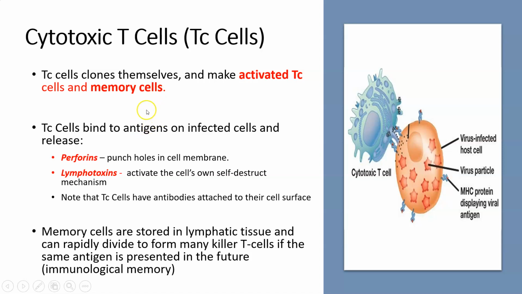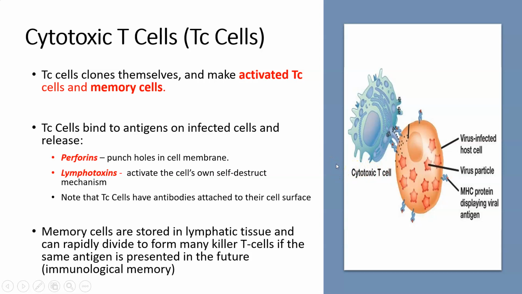All right, so how do T cells work? In this diagram, you can see that our cell, so this is, let's say, a human cell, is infected with a virus. That virus has antigens on its surface that you can see in that diagram. Some of those antigens are presented to the cell surface, and the cytotoxic T cell can actually see that.